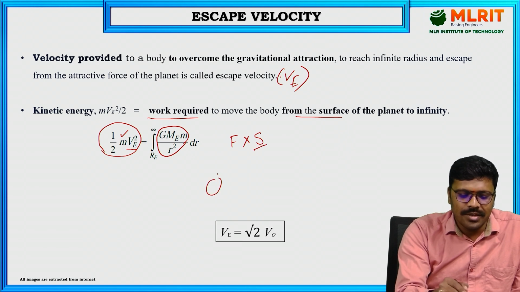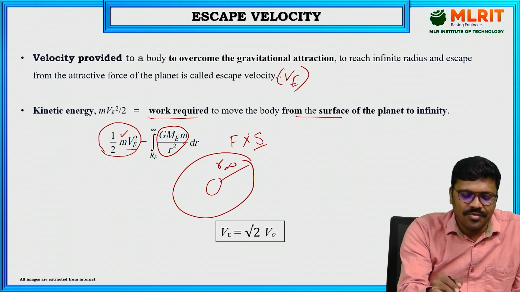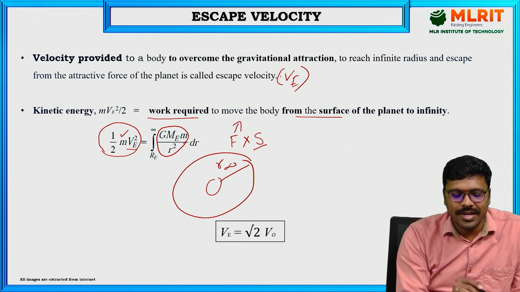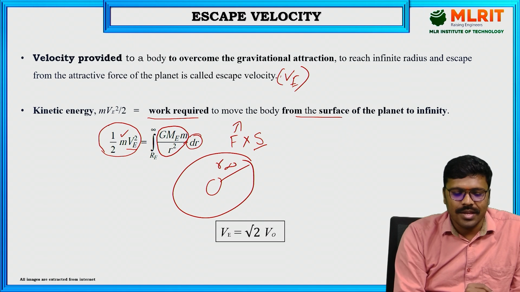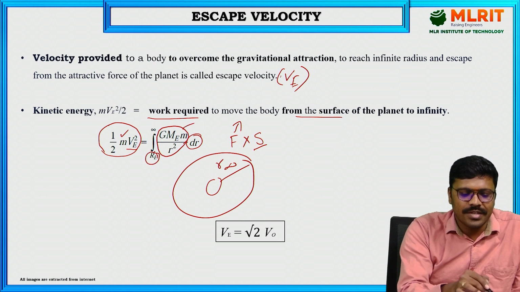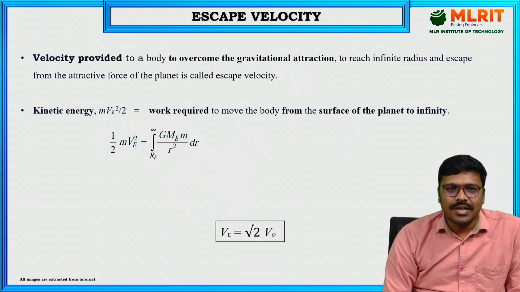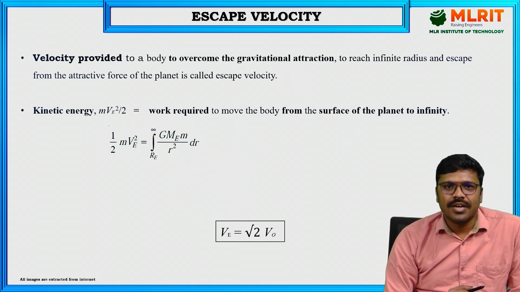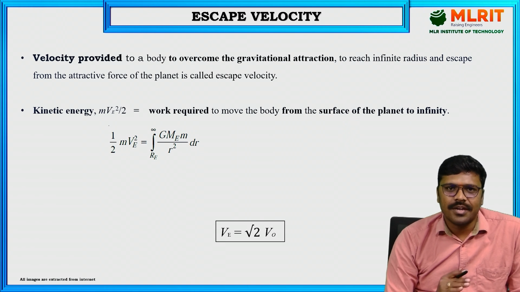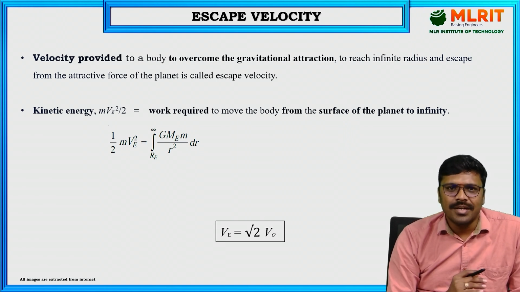Distance is the infinite radius. As this force varies depending upon the radius, I will take dr here and integrate this force from the Earth surface, that means the radius of the Earth, to infinity. Then I will get the kinetic energy to be provided to the object so that it will escape from the parent object's gravitational force.